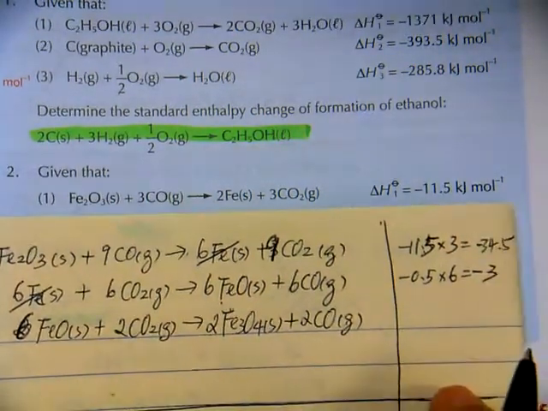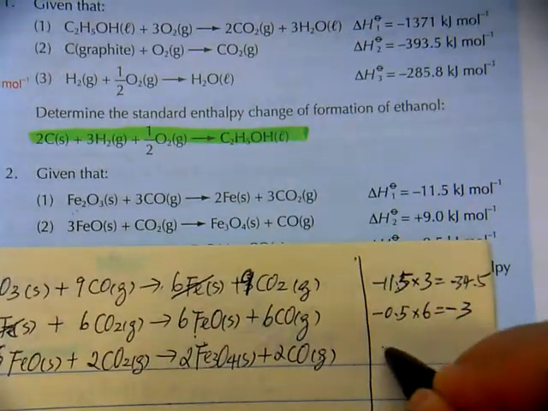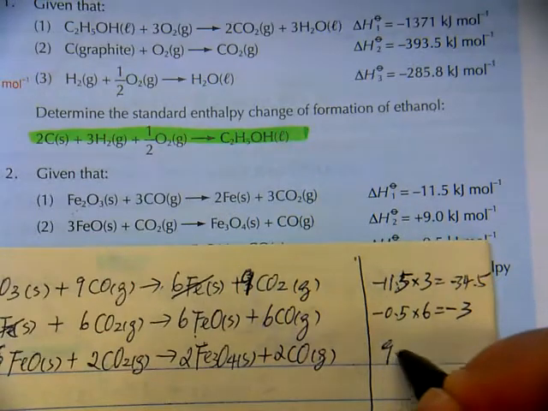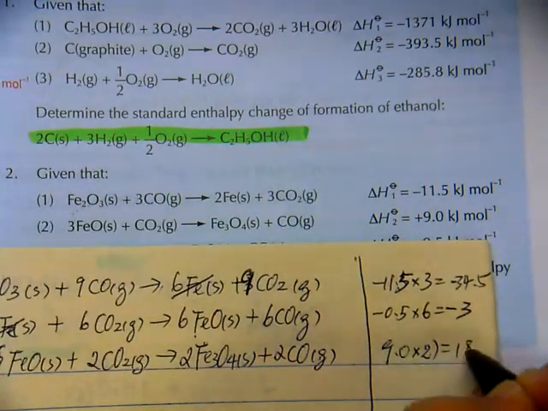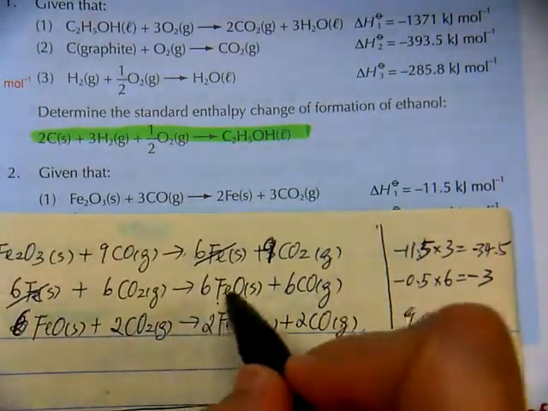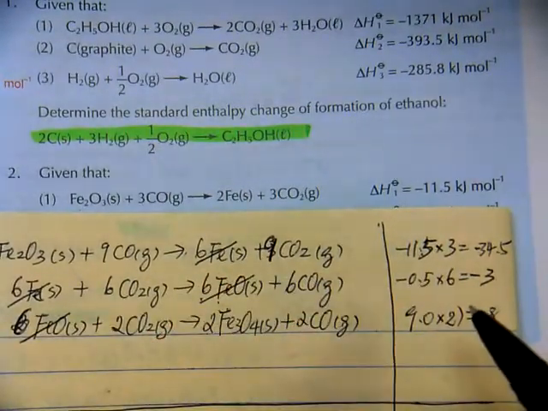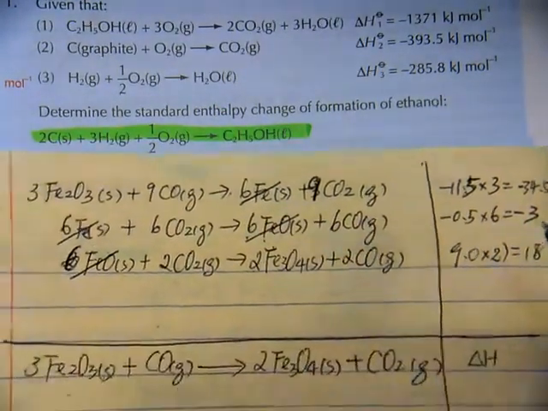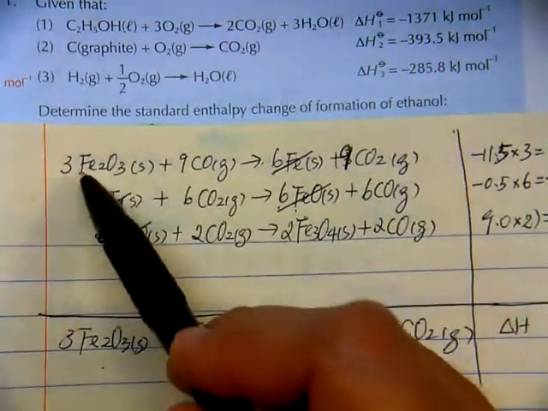In multiplying the equation by 2, I need to multiply its delta H by 2. I haven't changed its direction, so keep it, which is 18. Do you understand? Again, in summation, you can cancel out FeO. Can you follow?